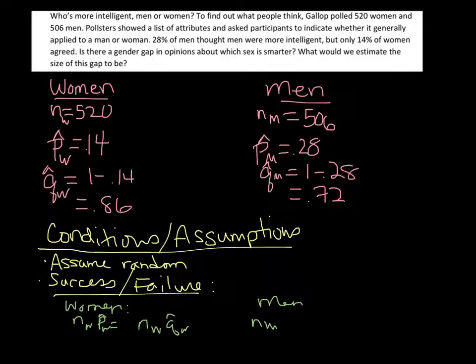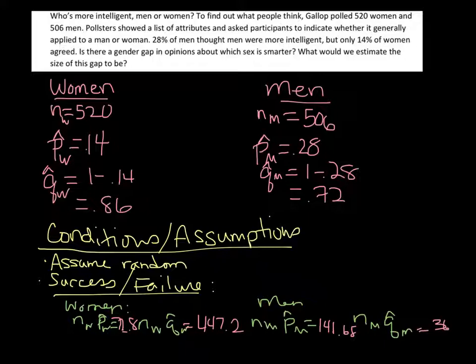So we have n_M times the p hat M, and n_M times the q hat M. When I worked them out, I ended up getting 72.8 and 447.2 and 141.68 and 364.32.